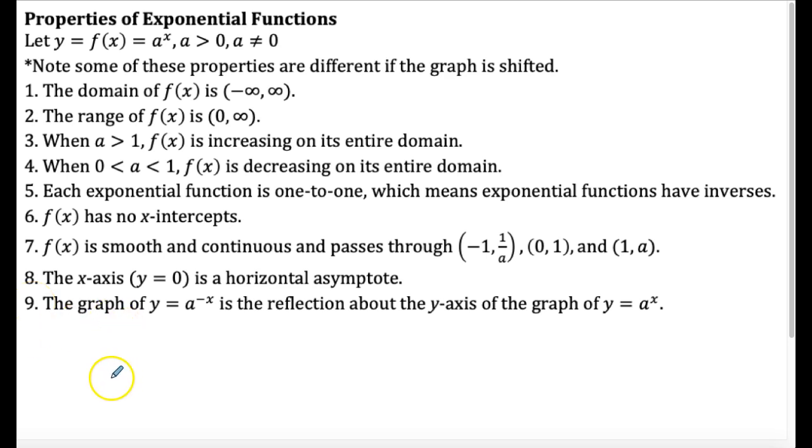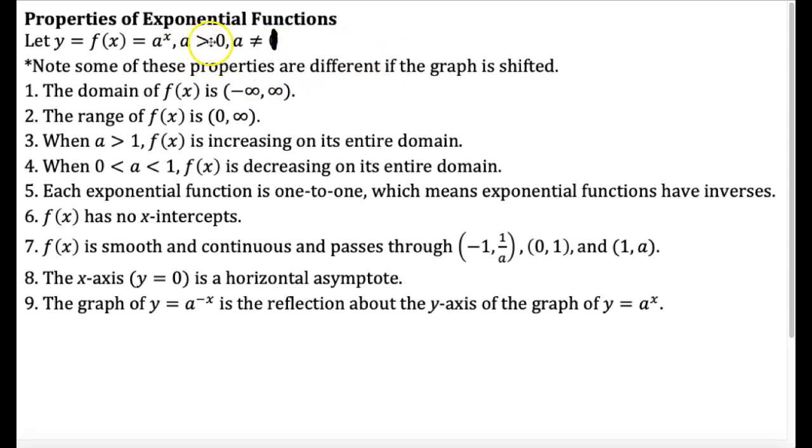So again, here, if you want to pause the video and get these all jotted down, more than welcome to. I'm going to talk about each of these real quick here. So again, we're talking about an exponential function where the base is greater than 0. Oops, that should actually say a cannot equal 1.